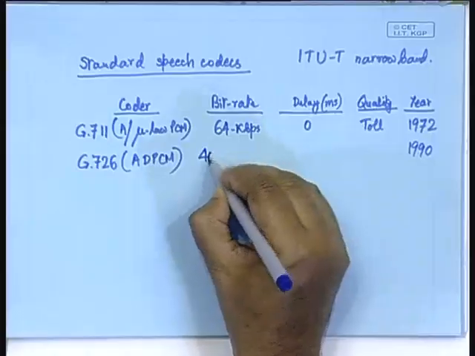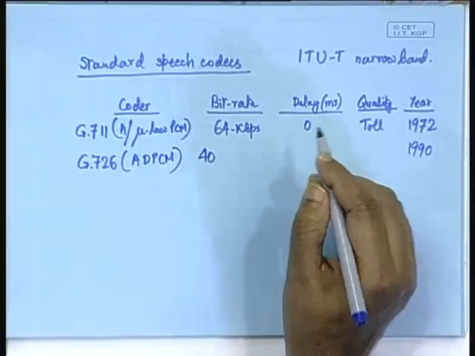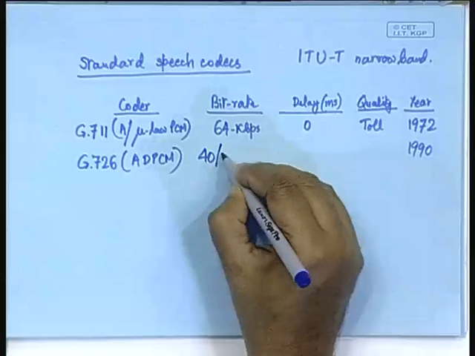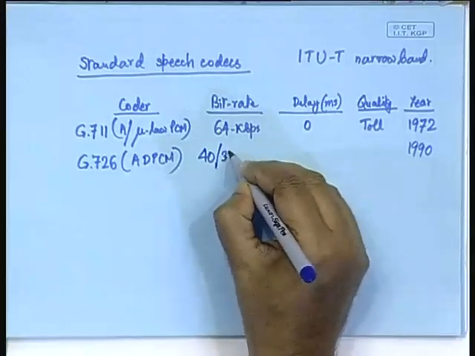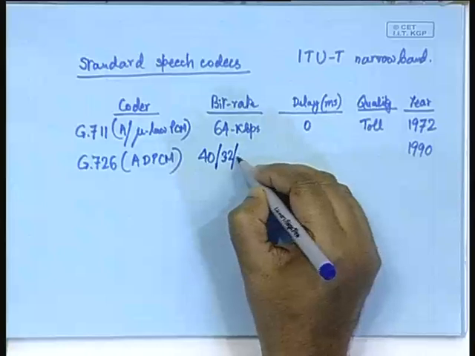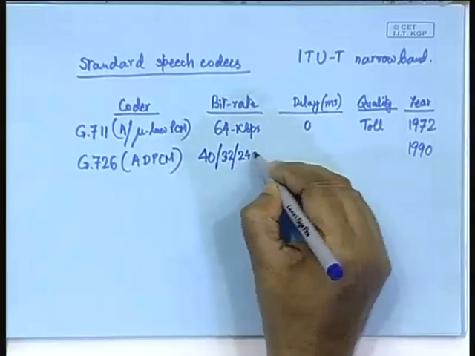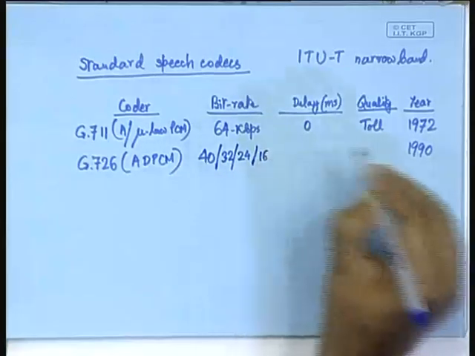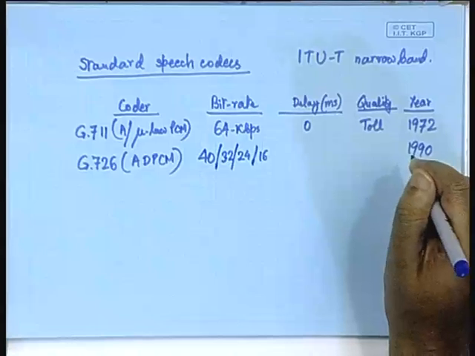We make the step size of differential pulse code modulation adaptive, giving rise to ADPCM that caters to different bit rate requirements, and the bit rates specified by ITU-T are 40, 32, 24, up to 16 kilobits per second.